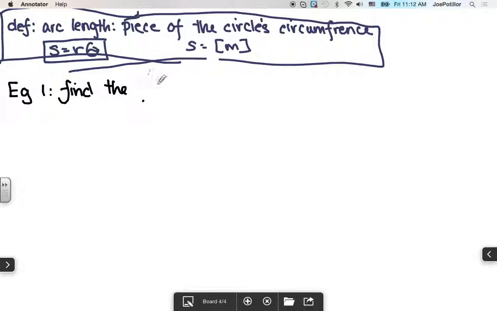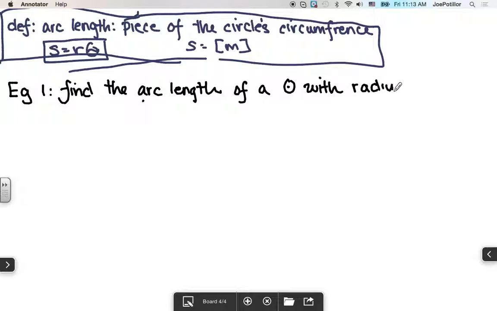Find the arc length of a circle with a radius of 3 meters, and theta is, of course, 270 degrees.